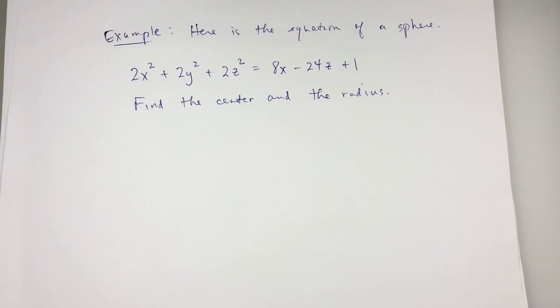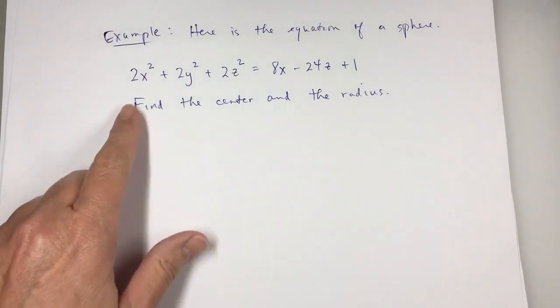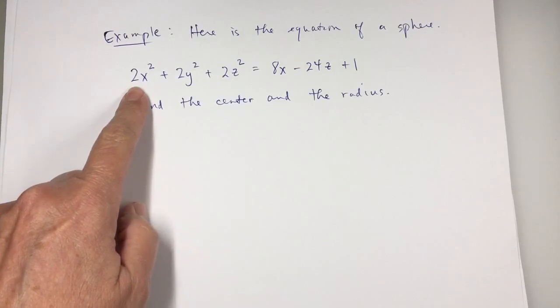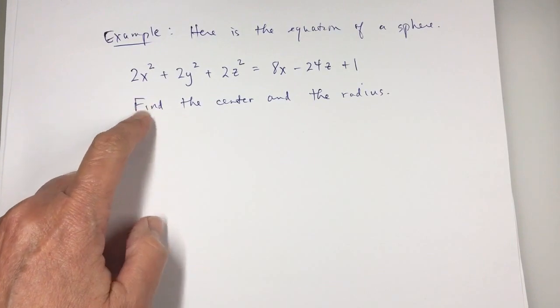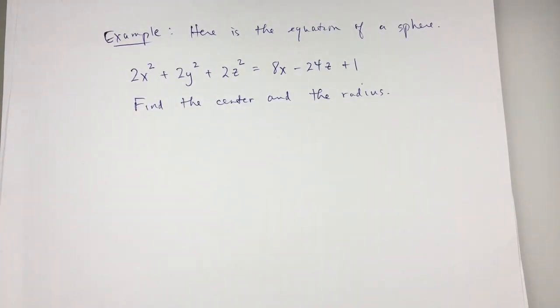But not just that, each coefficient in front of x squared, y squared, and z squared is the same. If they were different coefficients, I couldn't say that this is a sphere. But it is a sphere.